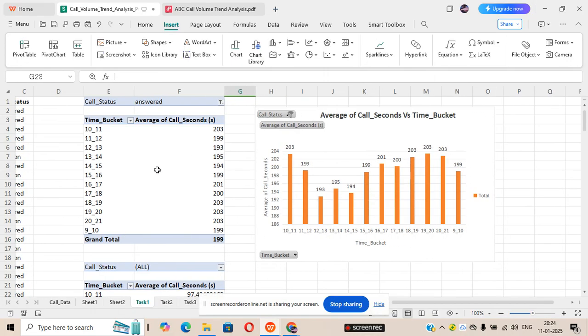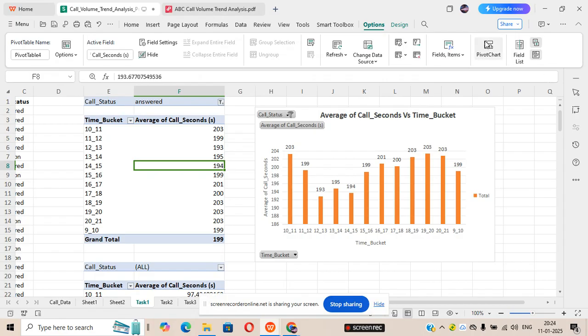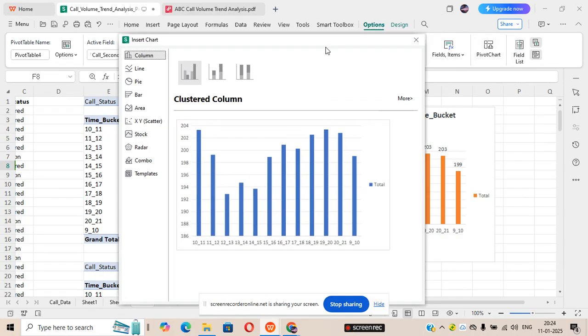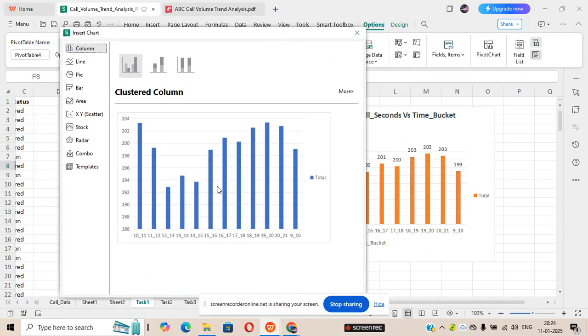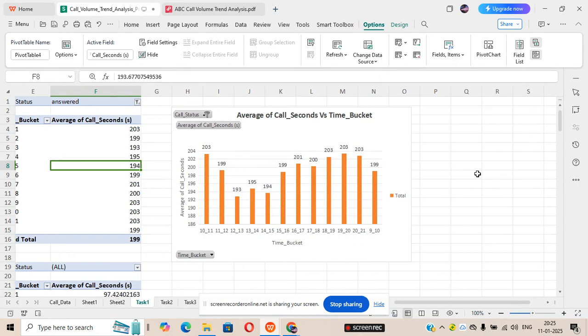After this, we have also created a pivot chart for this. This is the pivot chart we got, and I did some things like adding legends and colors to it, adding axis titles and a title.